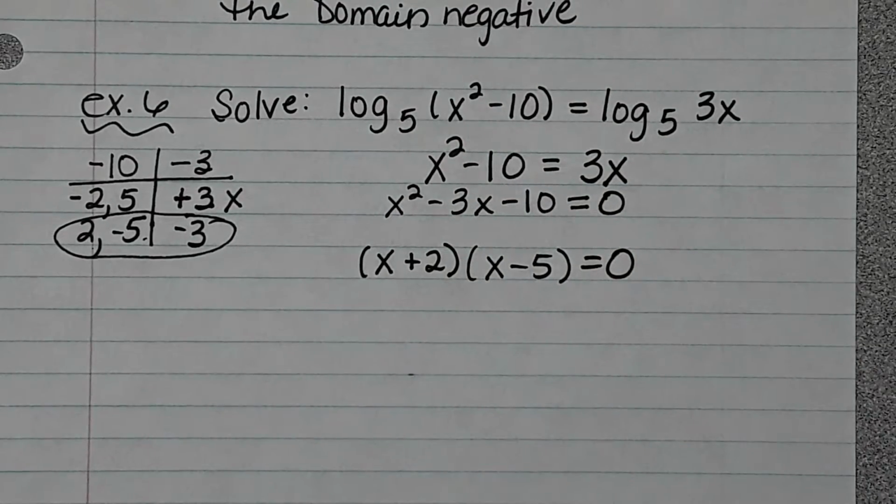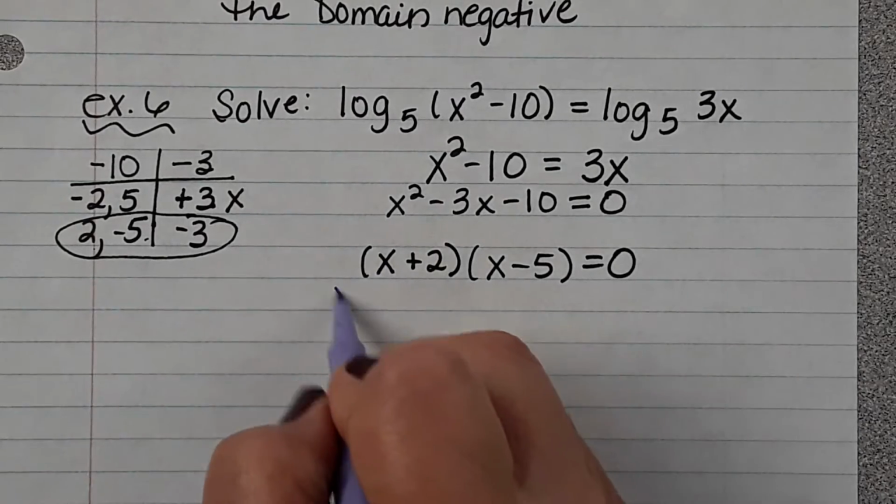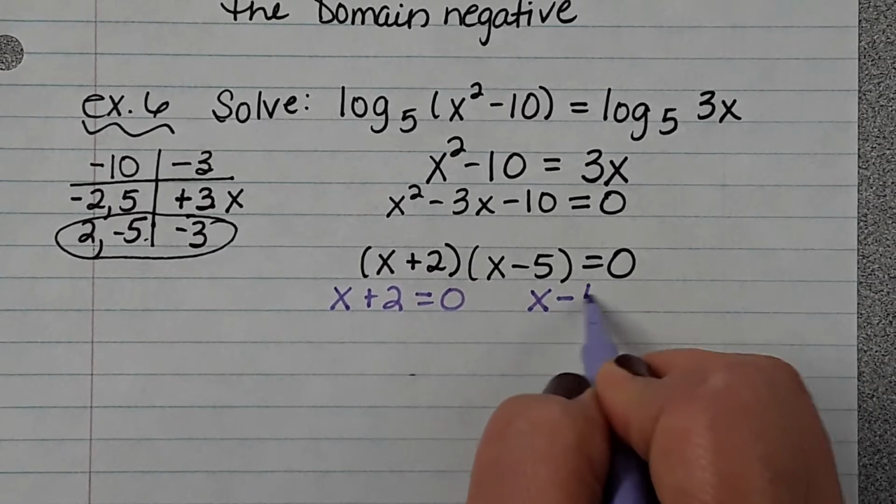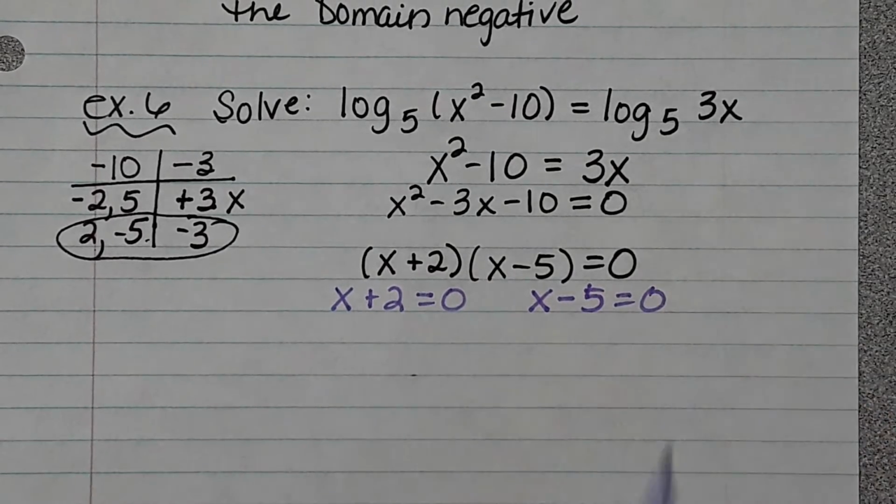And what do you do now? On your homework, you guys, not all of them are factoring problems. Some of them just have the same log on both sides, and you would just set them up like a normal equation and move the x's over. So the only reason this is a factoring is because you have an x squared.